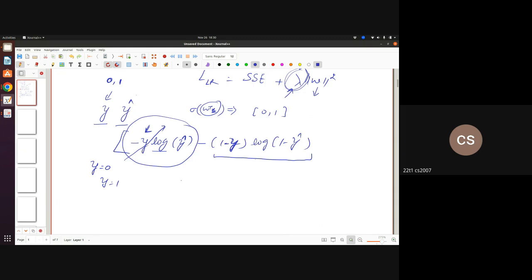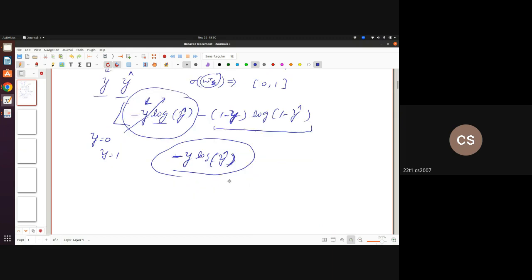All we are doing is, negative sign and then the actual y value and then log of predicted y value. This is all we are doing for each class, right? For each class we are doing this and we are aggregating that. In case of binary classification, there are 2 classes, so this is what we are using.